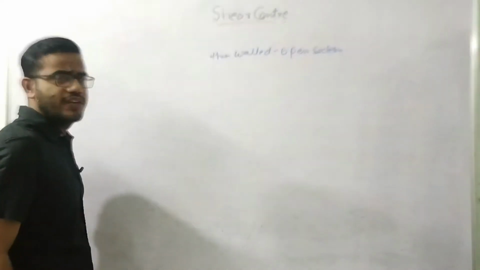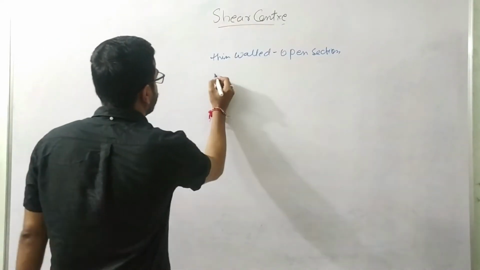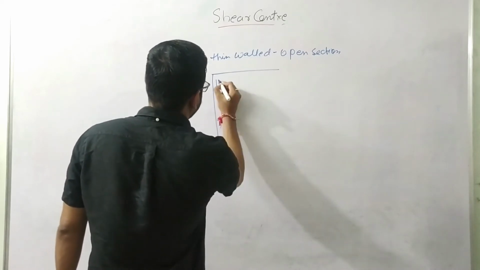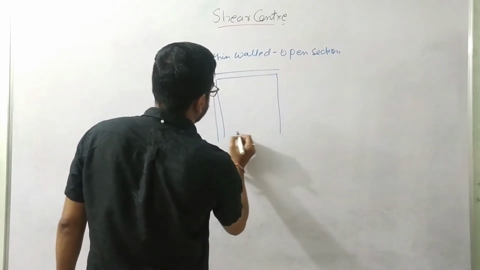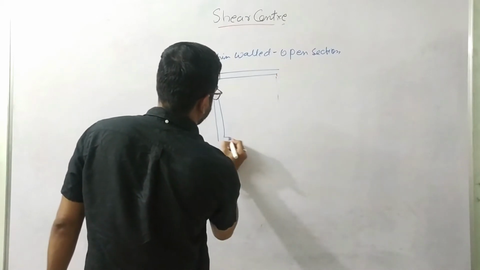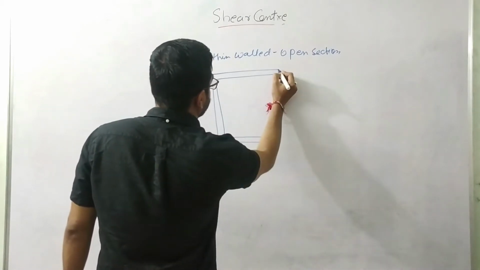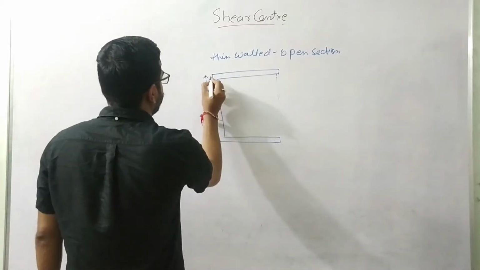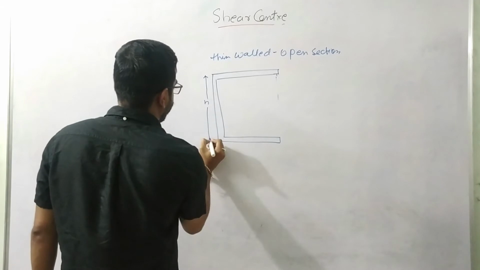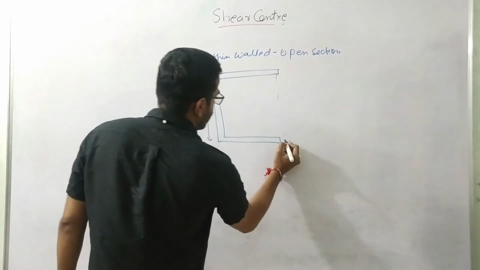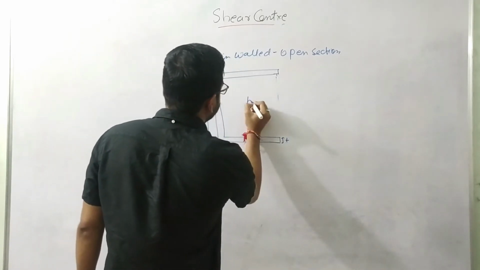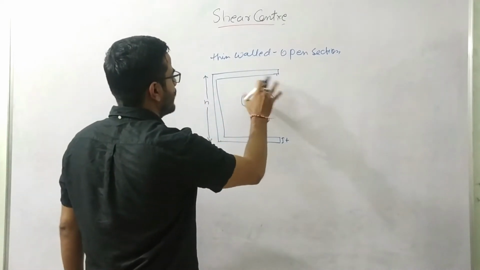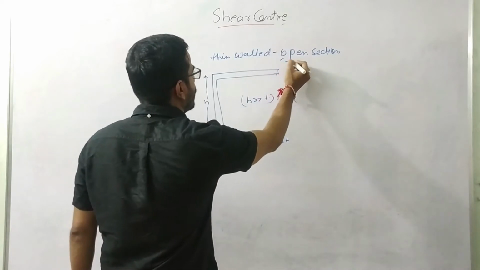These are those sections in which the thickness of the member is very less as compared to its width, or you can say depth. Let us suppose the depth of this cross section is h and thickness is t. So h is much greater than t, and this is an open cross section, so that's why we are calling it a thin walled open section.